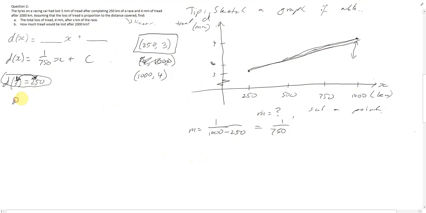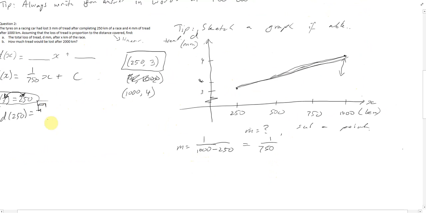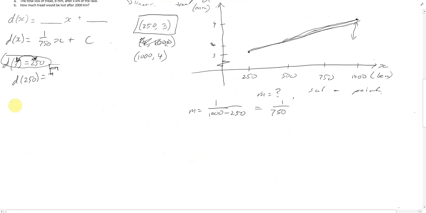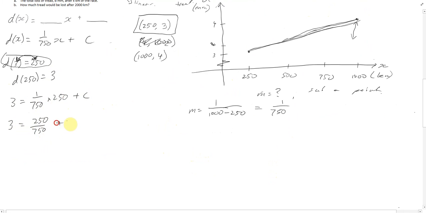So we actually have d of 250 equals 3. It equals 3. That's much better. So we actually have 3 equals 1 on 750 times 250 plus c. So 3 equals 250 on 750 plus c.